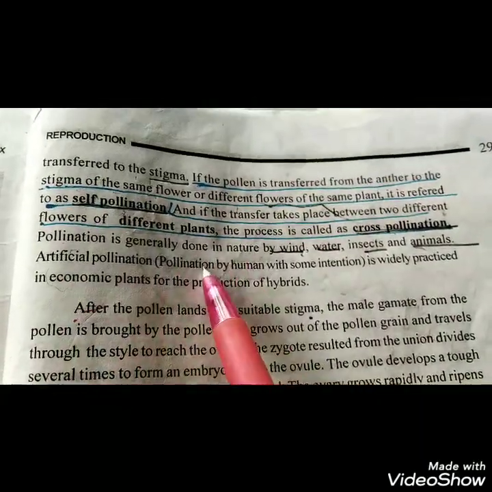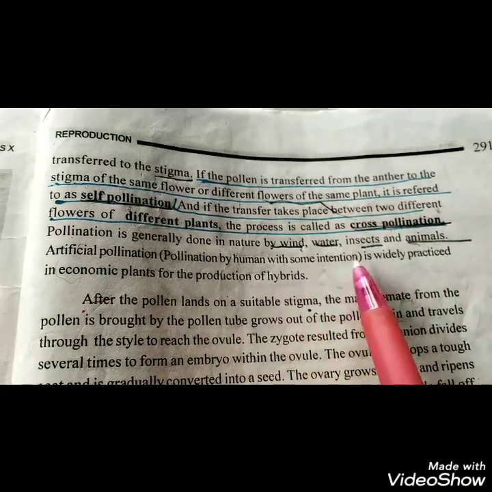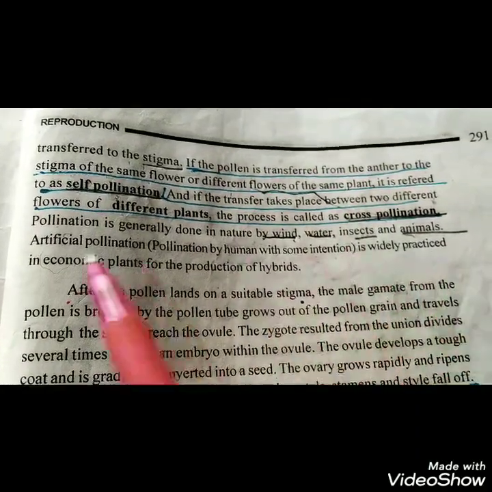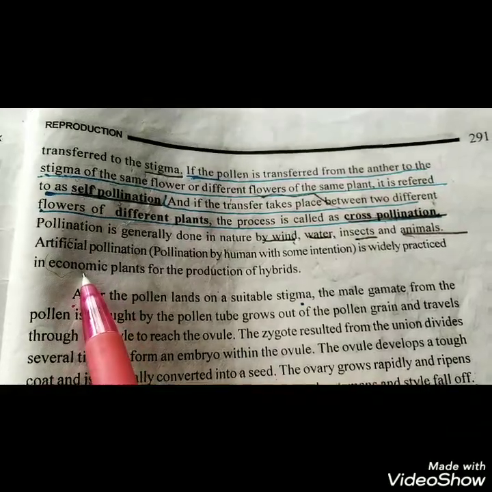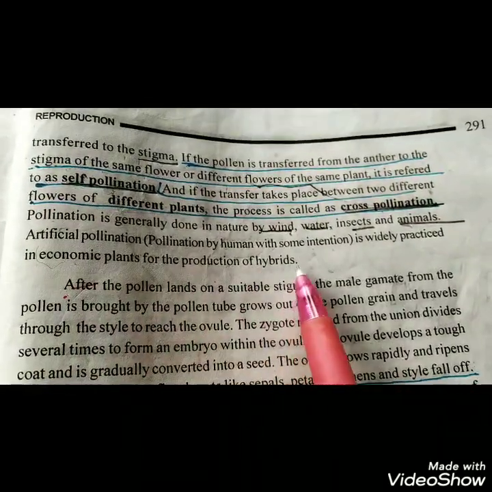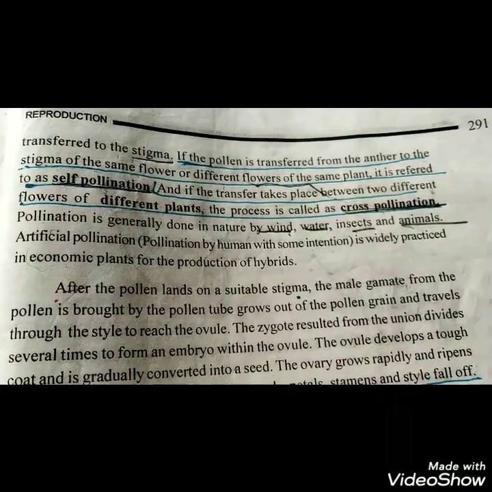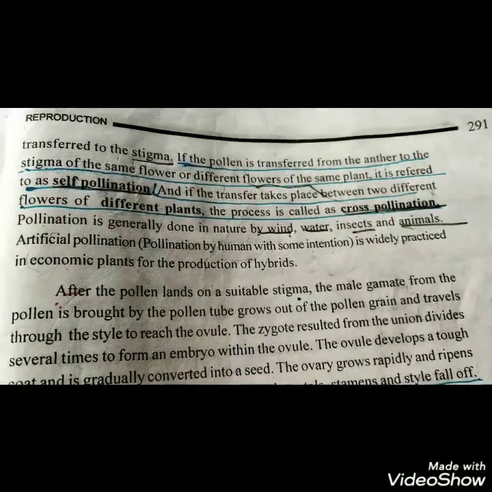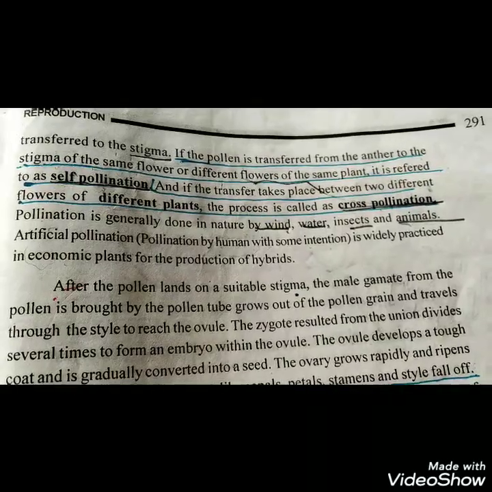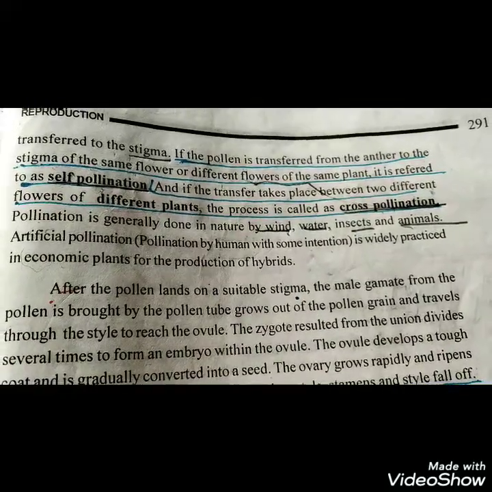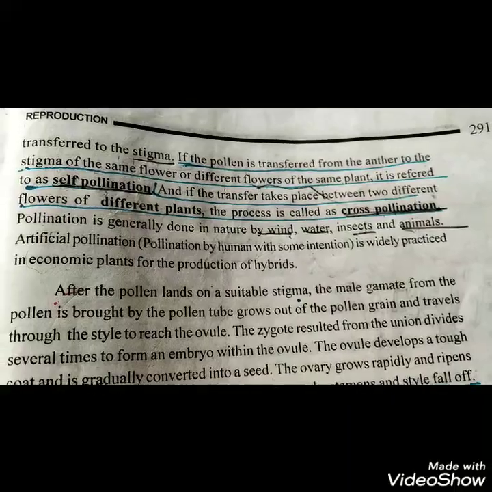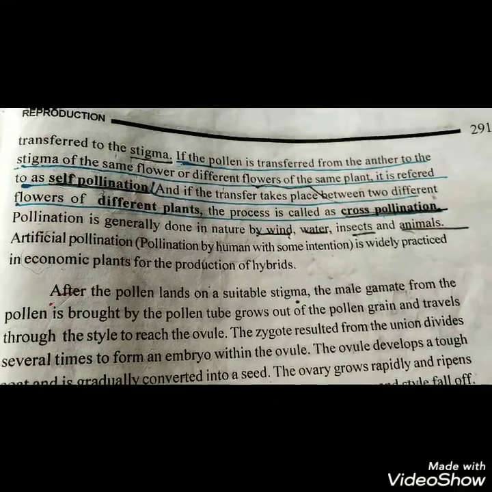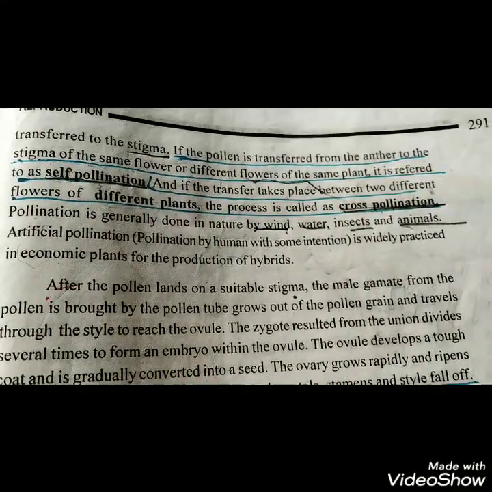Artificial pollination, pollination by humans with some intention, is widely practiced in economic plants for the production of hybrids. We transfer the anther to the stigma and it is covered for some time, and once the seed is formed, that seed is used for the development of the new plant.